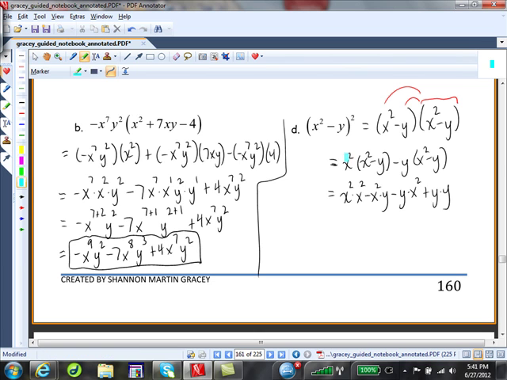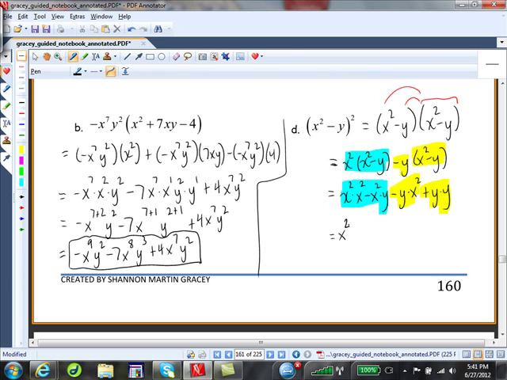So this one results in this binomial, and this guy results in this binomial. So now we'll get x to the 2 plus 2. Sorry, that's a little bit hard to read.